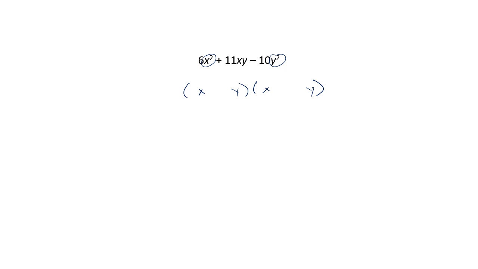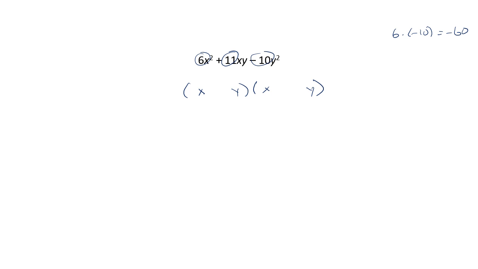First, I'm going to multiply the a and the c term. I'm going to multiply the 6 and the minus 10. 6 times minus 10 is minus 60. And now you remember what we do, right? I'm going to look for numbers whose product is negative 60 and whose sum is 11.